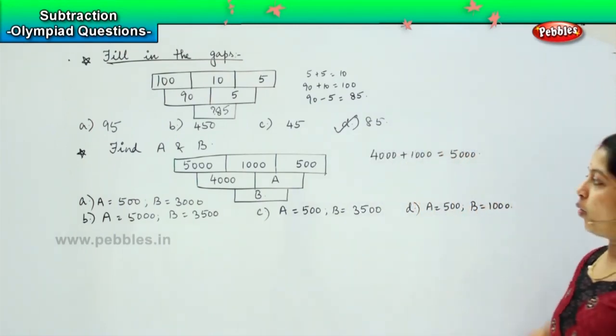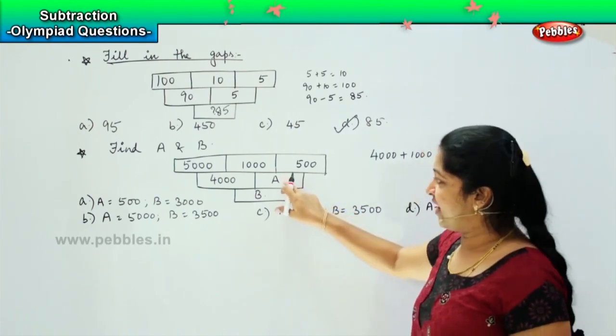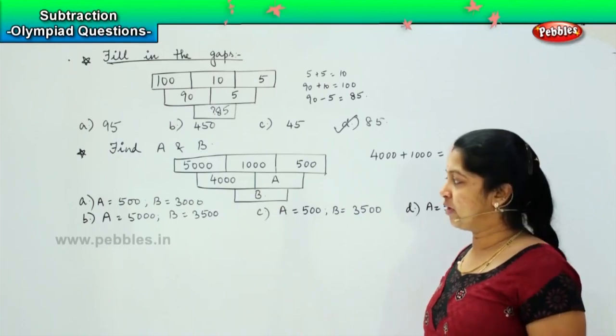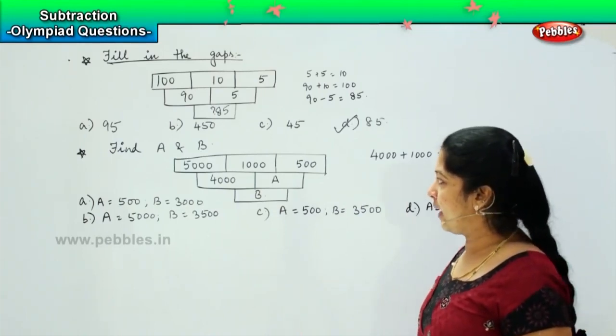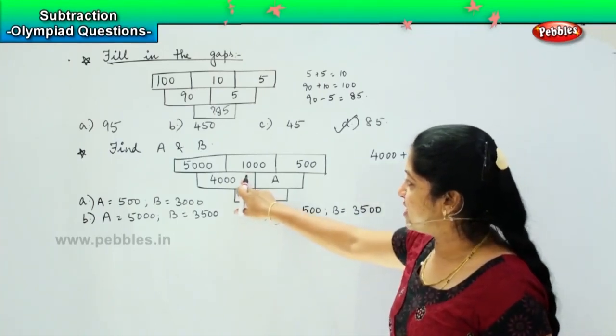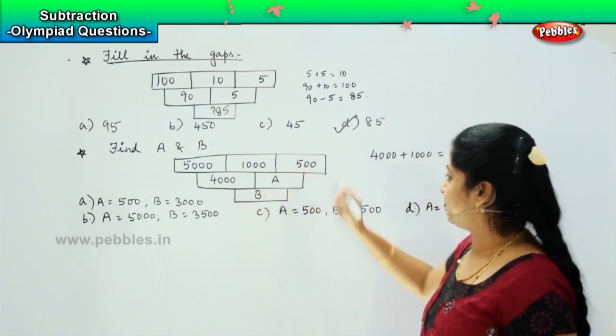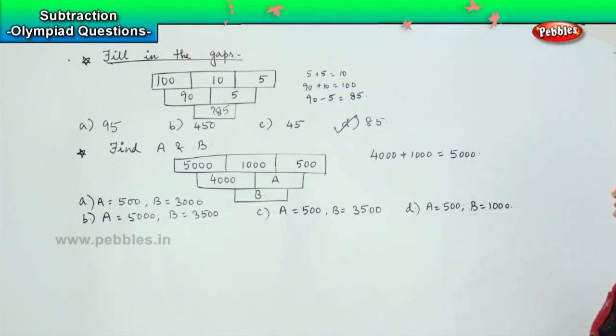So similarly, what will come here? If I add these two, I should get an answer 4,000. Okay. So the total of this plus this will give me an answer here. Okay. So what should be the answer, children? Just check and tell me.